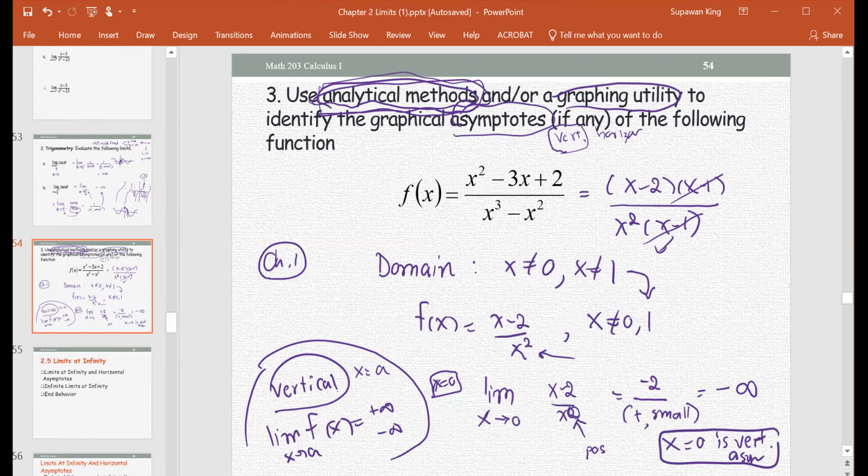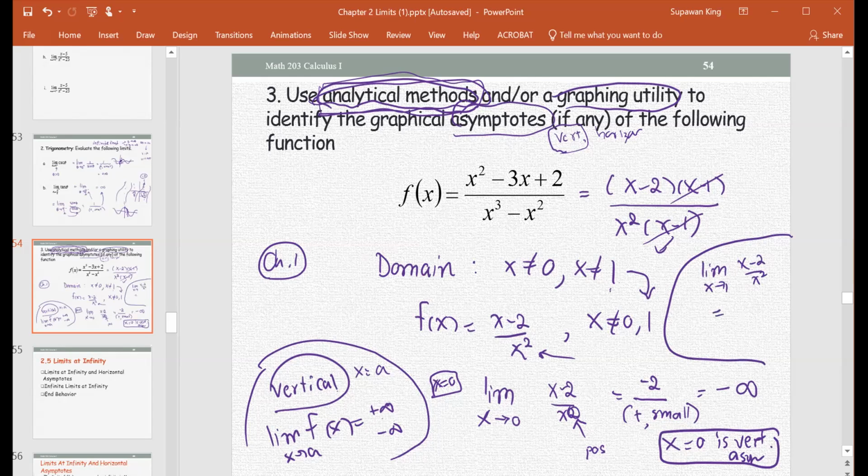How about at 1? Is 1 a vertical asymptote? The vertical asymptote occurs when the limit equals negative or positive infinity. If you take the limit as x approaches 1, we can use the simplified form.